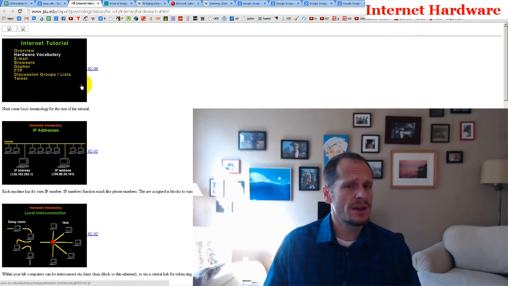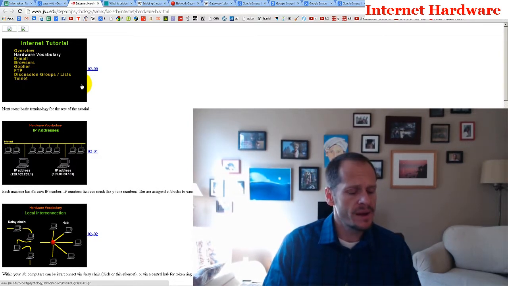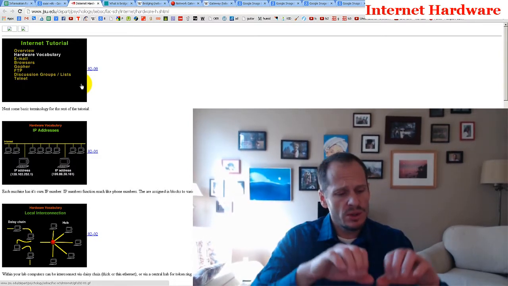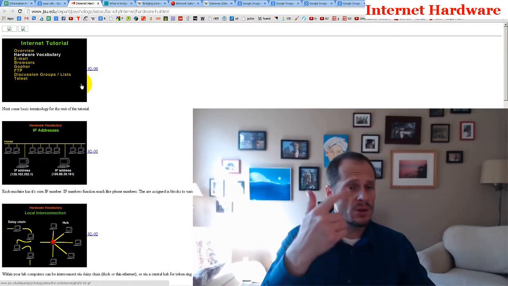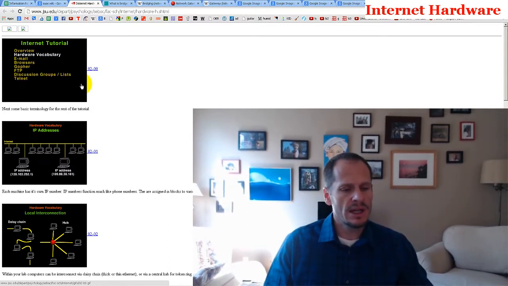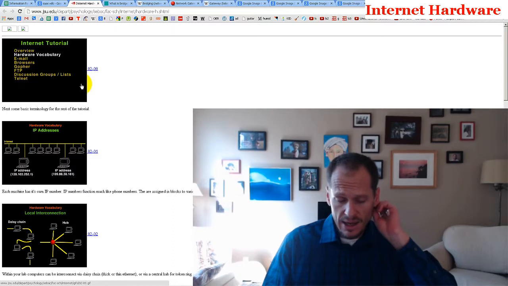What have we learned so far about networks, actually? A network is two or more devices connected together, and the benefit of a network is that it allows us to share information and share resources. If we're going to connect a network, we need to connect it with either wires or wirelessly. If we're going to connect with wires, what kind of wires are out there on the internet?